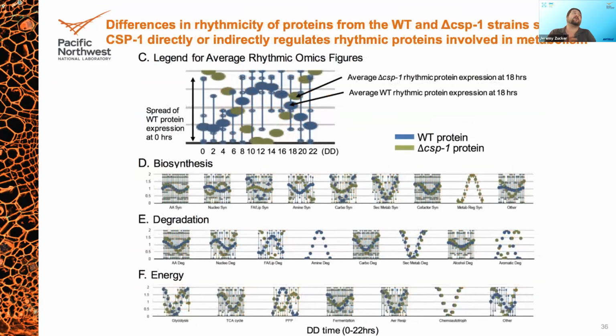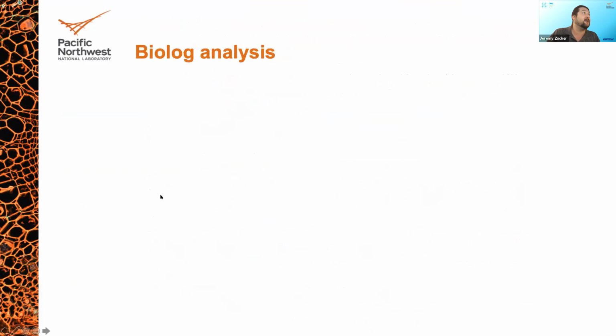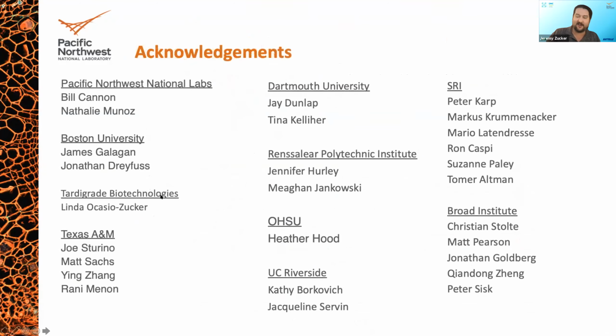And then the last figure I want to show you is differences in rhythmicity of proteins between wild type and CSP1. So CSP1 is known to be important for metabolic regulation, and what it appears to make a difference is that it changes the phase at which the circadian clock occurs. And so it's still circadian after you knock out CSP1, but sorry, I don't know why that flipped forward.